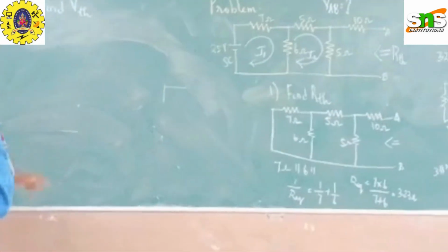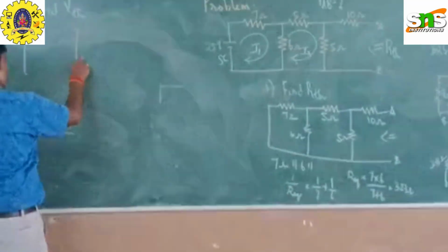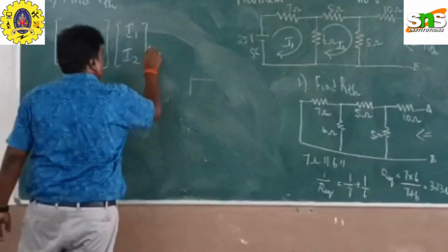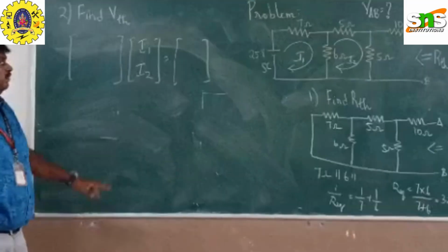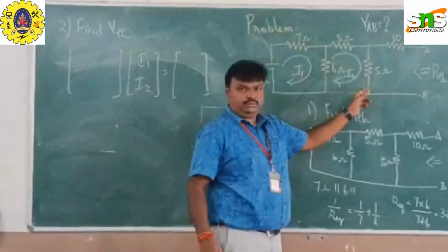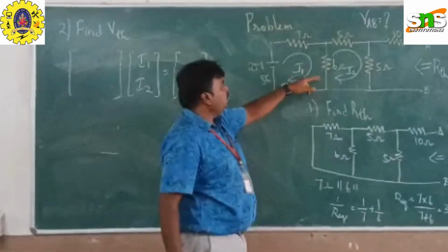So from this, forming the loop equations, I can form directly two matrices consisting of I1, I2, which is equal to 2 vectors. Okay, so totally we need to find out I1 and I2. I2 is the current passing through this 5 ohms. So if I directly find out I2 also, that is enough. Okay, so what will be my expression?